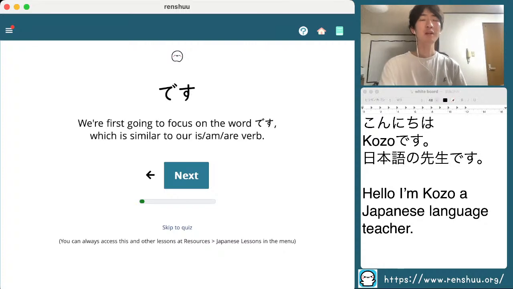Yeah, I've heard many Japanese textbooks written in English or other European languages explain this is really similar to be verbs. But it's kind of similar, but it's not the same, so you should be careful.